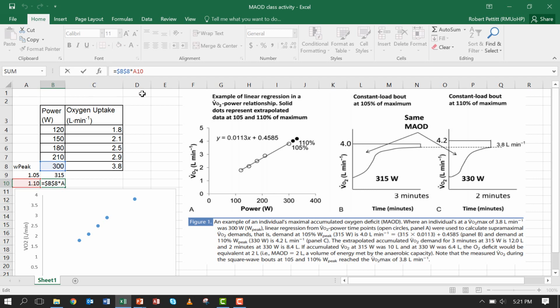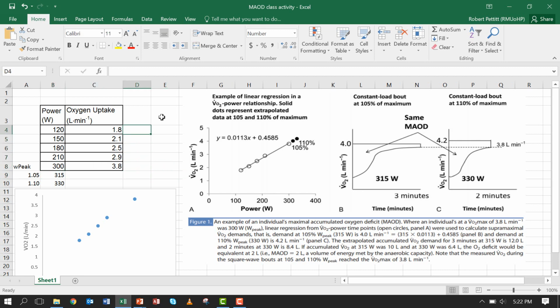See the column and the row. So that's kind of a neat little trick. So this is 110%. And what we're doing is we're going to say, well, we want to ask that individual to come in and ride at those intensities, which we know exceed the power that evokes VO2 max.